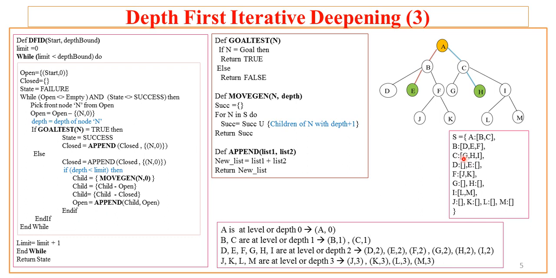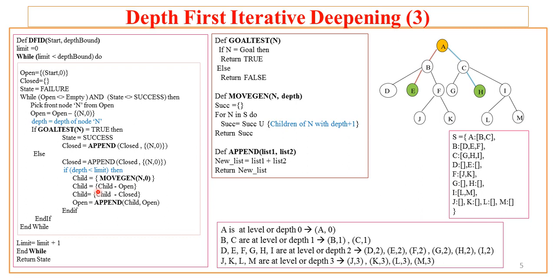As C has children G, H and I, it will take those children and assign depth +1 to the children of the current node C. So at what level will G, H and I be lying? They will be at level 2, because C is at level 1 and G, H, I, which are children of C, are at level 2. So this way it returns.